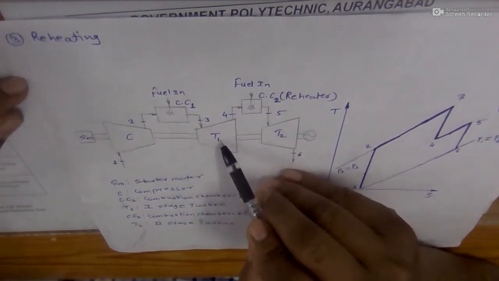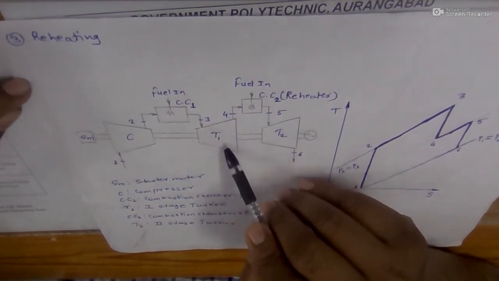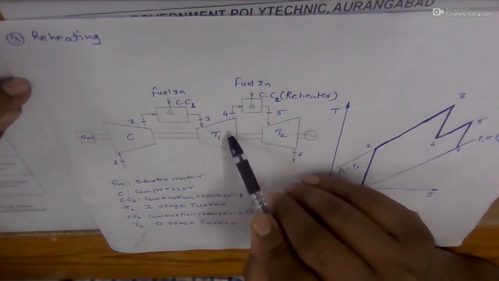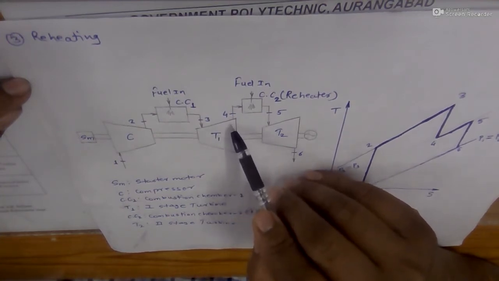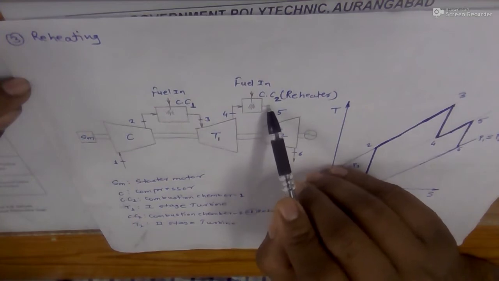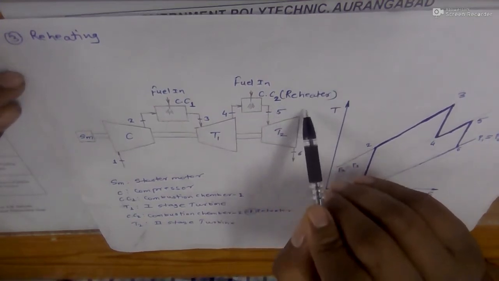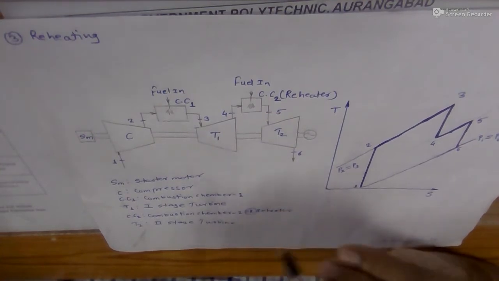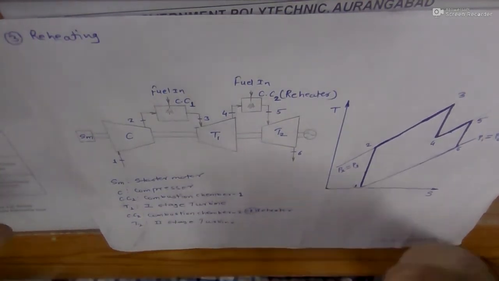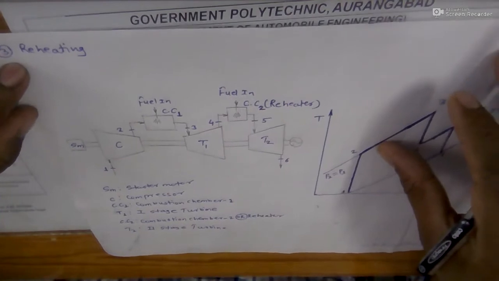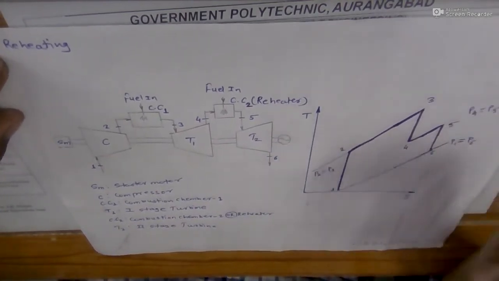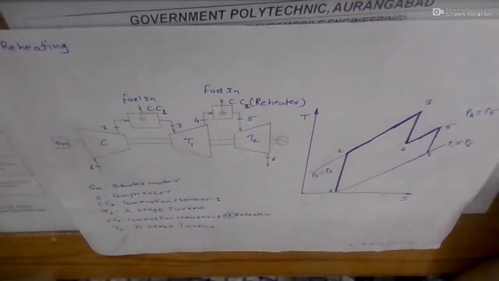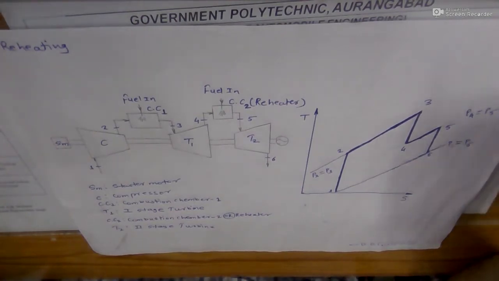Once expansion of the exhaust gases is done, they are directed to the second combustion chamber, or reheater. The gases coming out from turbine 1 may still contain some amount of heat energy, and some unburned fuel molecules.